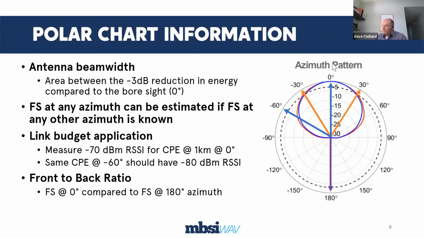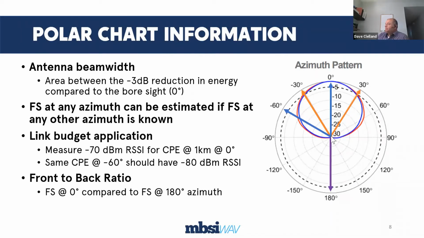That's the minimum loss that I would expect over 1 kilometer. I can have more loss than that if I have some non-line of sight characteristics, if I'm hiding behind some trees or whatever the case, but let's assume it's line of sight just for our little demonstration right here.